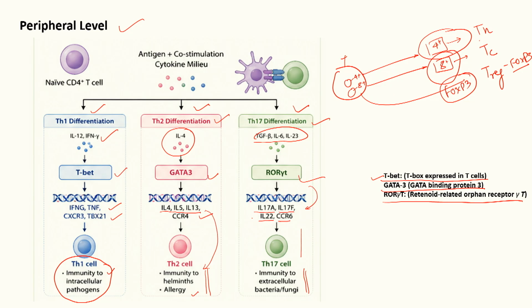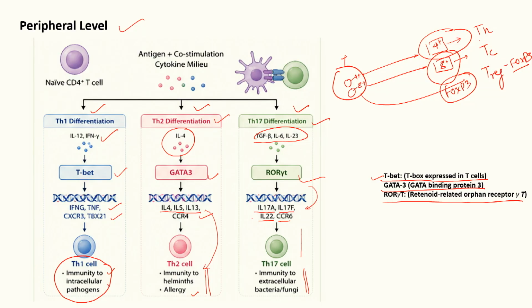And in turn they produce three different transcription factors in the cell type. Th1 produces T-bet, Th2 produces GATA3, and Th17 produces ROR gamma T, which lead to differentiation of Th1, Th2 and Th17 cell types to do different functions.